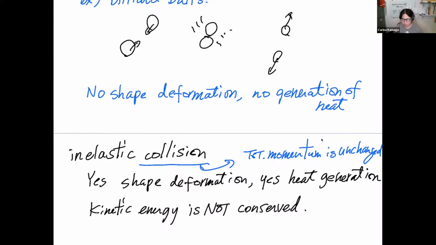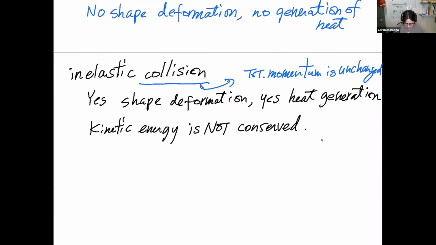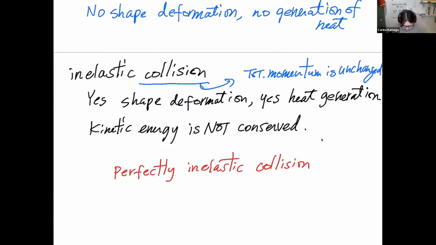There is something special for the inelastic collision called a perfectly inelastic collision. What does it mean for a perfectly inelastic collision? It means the objects stick together after the collision.